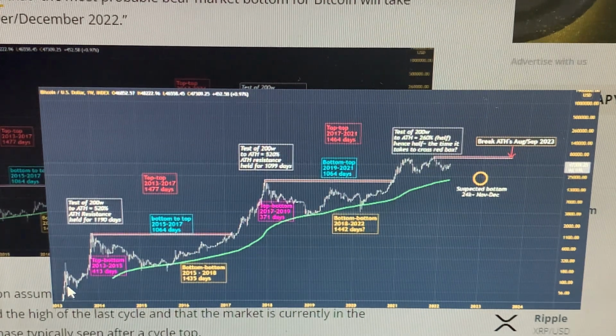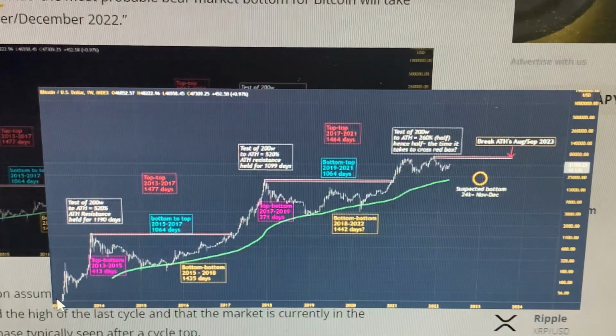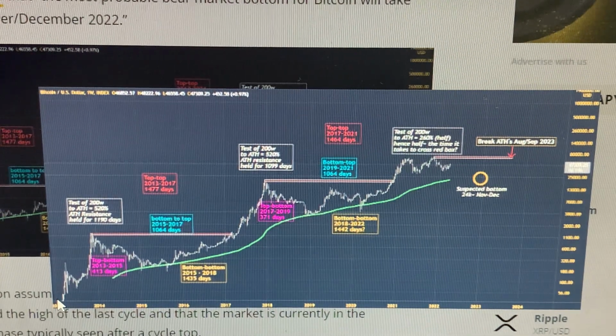In 2012, it jumped from, what was it, like $10 to $20, and after the halving, it runs for 2 years. So it went from like $10 all the way to, what is it over here, 1100.